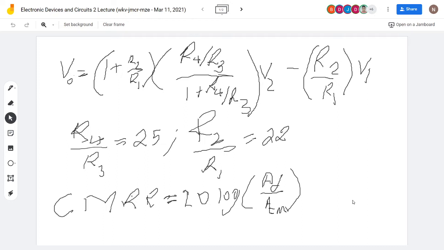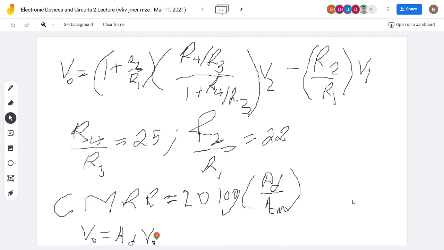We also know that there's an expression that says VO for all operational amplifiers is going to equal AD times VD, plus ACM times VCM.